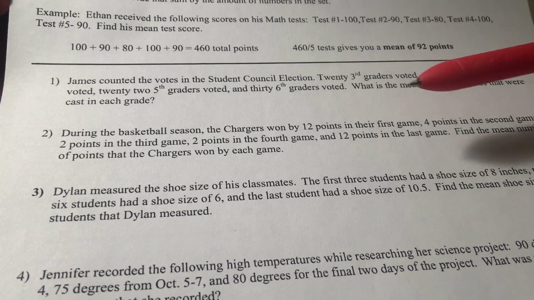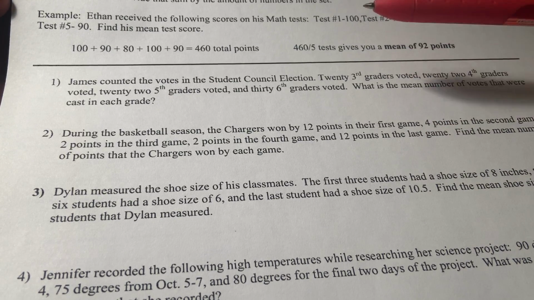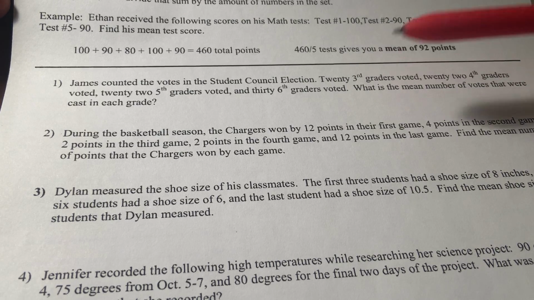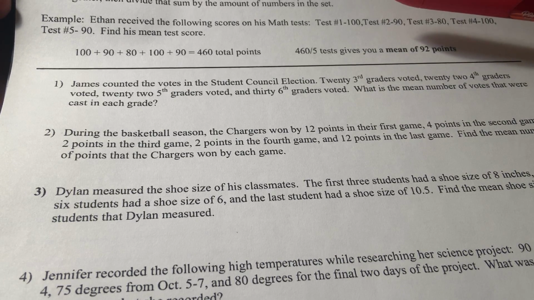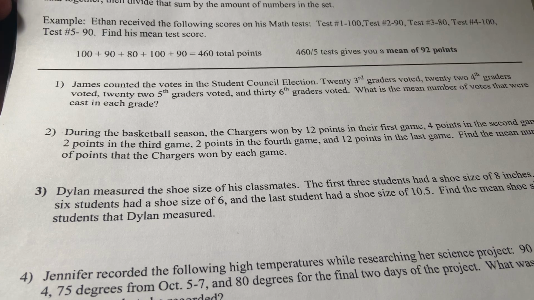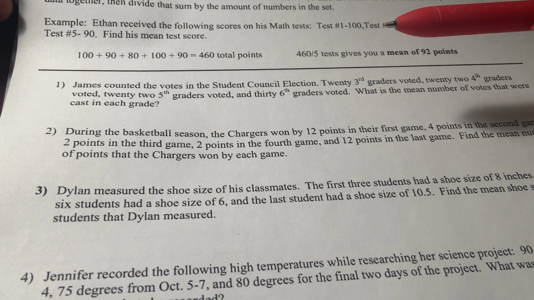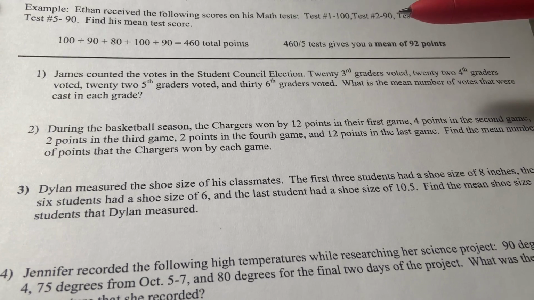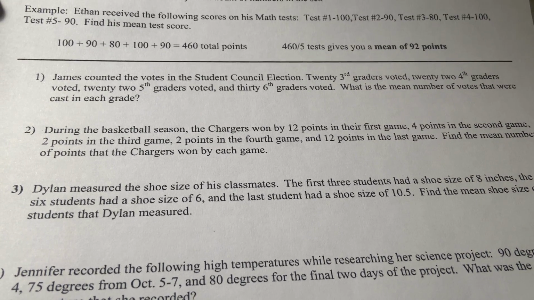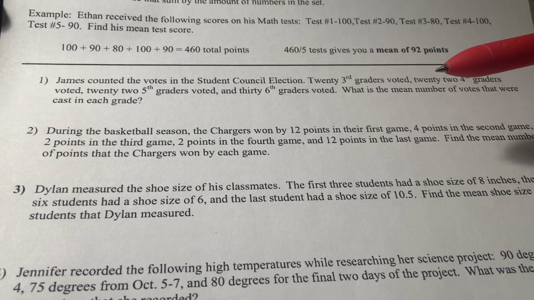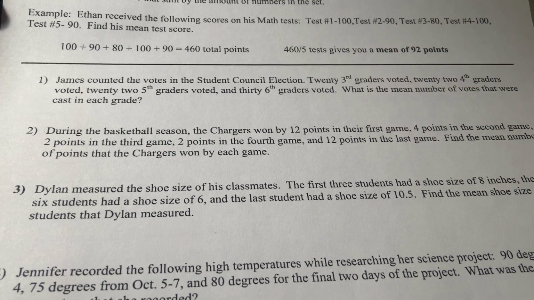So what I'd like you to do for this worksheet is read each problem very carefully. I'd like you to underline and box, if you have a printed copy of this sheet, important information. Ignore the unimportant information, which means you are likely going to have to read the problem several times to fully understand it. Okay, so do it.